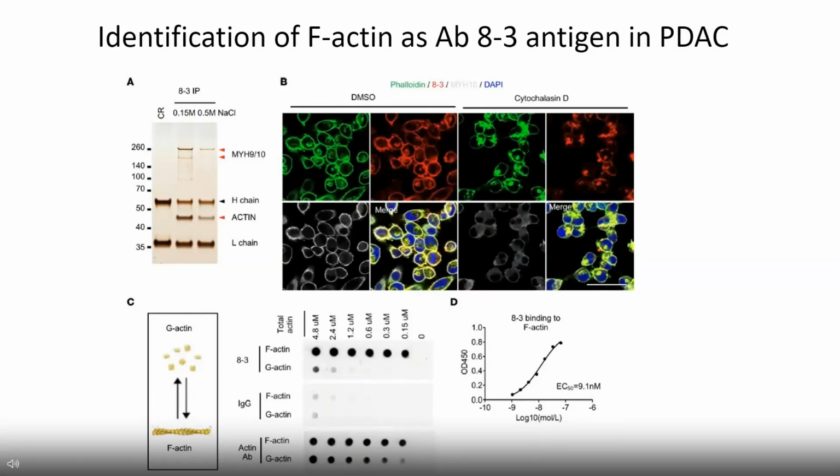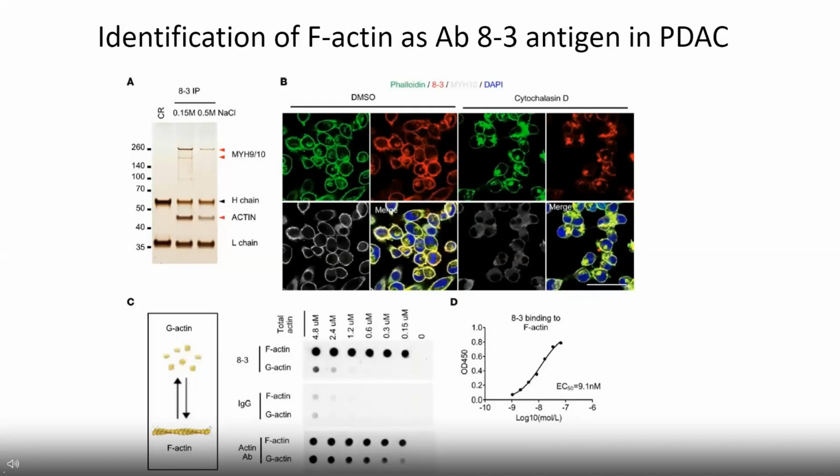This is by silver staining compared with isotype control antibody IP. And then further, you can increase the stringency of IP by increasing the sodium chloride concentration during the IP and the washing buffer. In this case, even when we increase sodium chloride up to 500 millimolar concentration, we still see this band.